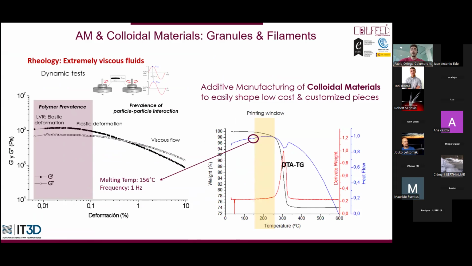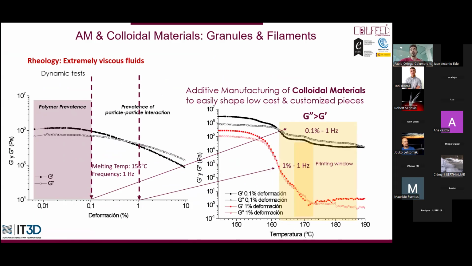Because first we need to know the melting temperature of the materials from a thermogravimetric analysis. And we will evaluate their melting behavior in terms of deformation, frequency, and also temperature to ensure that the thermoplastic of our composite material is viscous enough to guarantee the same dispersion that we achieve during the wet mixing route.